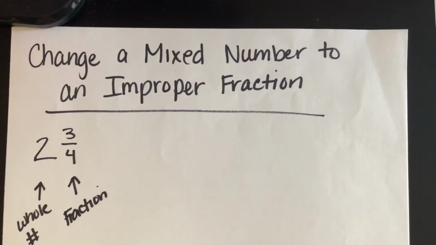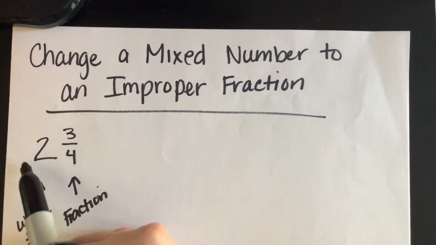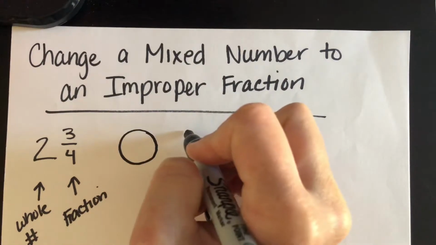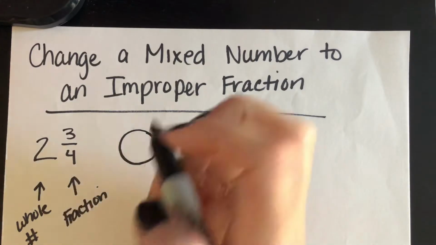So I want to change this to an improper fraction, meaning the big number on top is going to be bigger. Now, if I were to look at this, I have two wholes, 1, 2, two wholes, and the pieces would be cut into fourths.